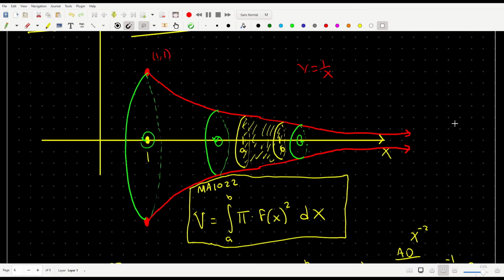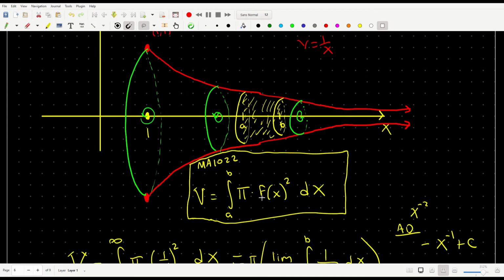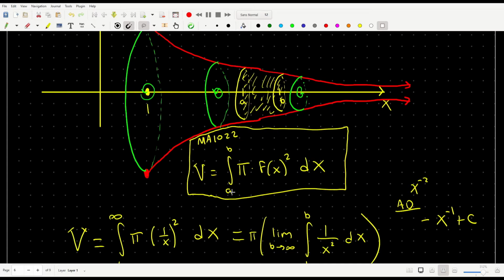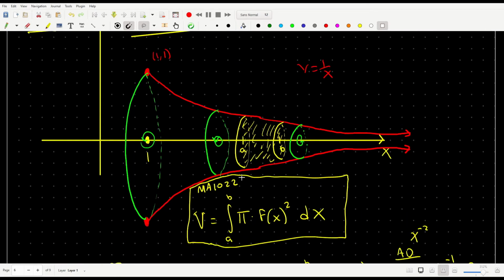It's this infinite horn shape, and it's very interesting because it bounds a finite volume. The volume is actually equal to pi. But it has an infinite surface area.